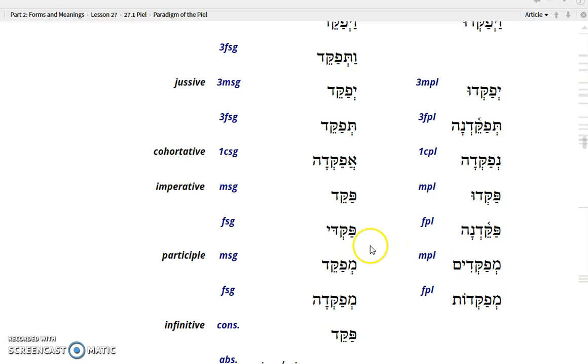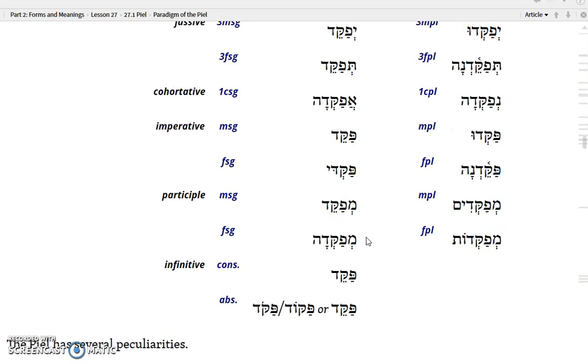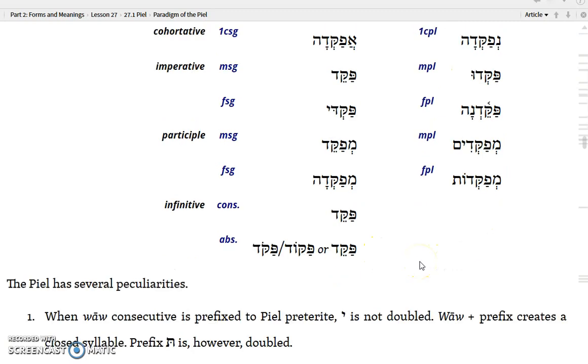Imperatives are, again, what you would expect if you take the form with a prefix tav. You will appoint repeatedly would be teqadded. Drop the tav and you get the imperative, and the same with all the other forms. Participle: as you add the endings, the pretonic tsere reduces to shewa. Other than that, it stays the same.